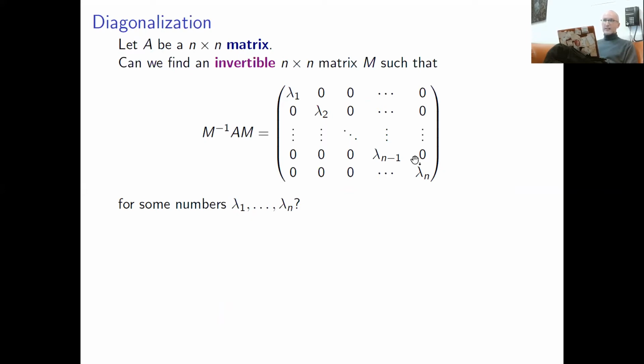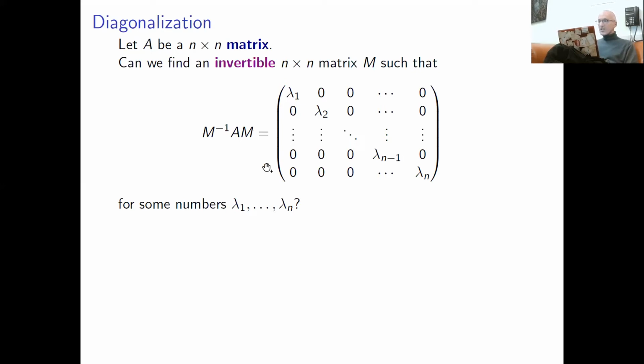We can restate this question in equivalent form. Can we find a matrix B similar to matrix A that is diagonal? Or is it true that A is similar to a diagonal matrix?